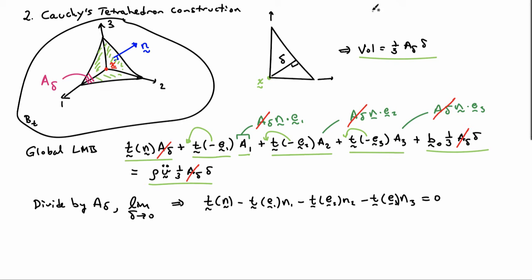So I'm going to use the fact that T of minus n is equal to minus T of n, which is what we proved with the pillbox construction. And so if I do that, then I get T acting on n is minus T E1 n1 minus T E2 n2 minus T E3 n3.